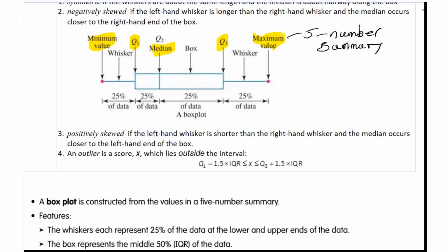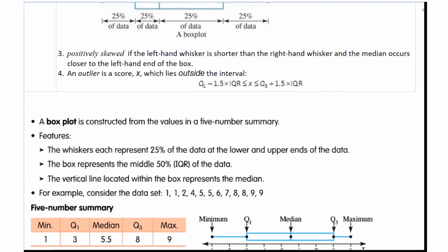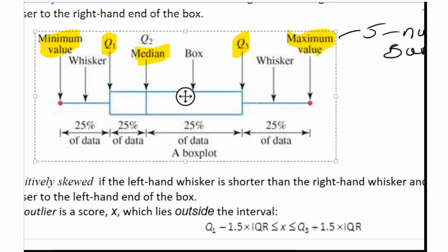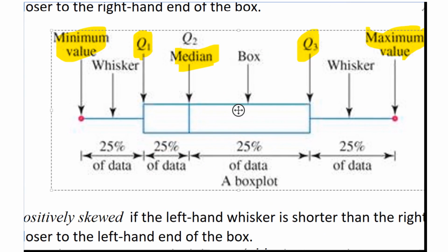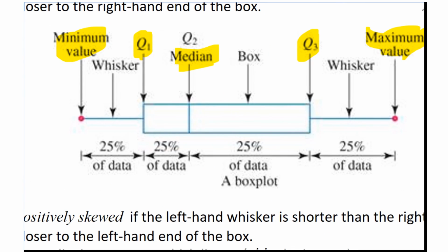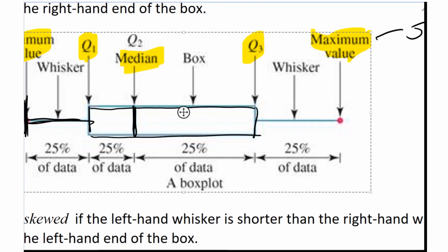Now, I'm just going to use this one, even though there's one down here, because I think it's a nice one to highlight key points. Every box plot has this shape. It has the median there. It has a whisker, and often you have a little line on the end there.